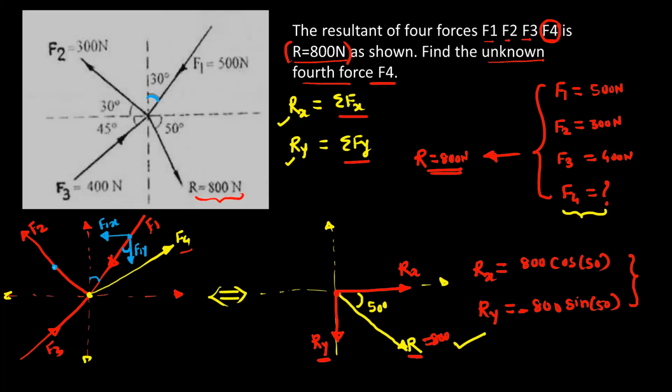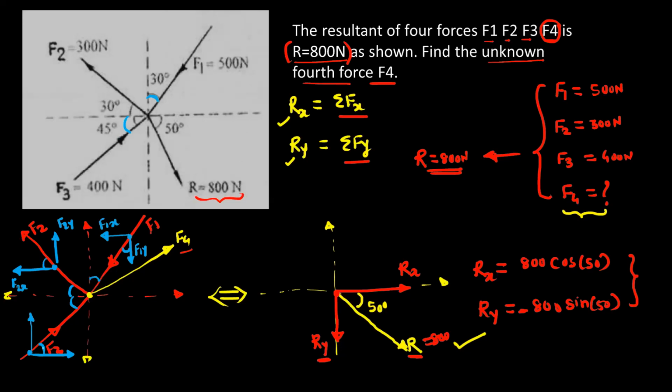So F2, this is x component and this is y component. Now this angle is 30 degree. So this angle will be same 30 degree. So this is F2x, this is F2y, and F3 is directed towards the origin. So you can select any one point on this line of action. This is y component. This is x component. Now here this angle is given 45 degree. Just observe this diagram. Okay. So this is 45.